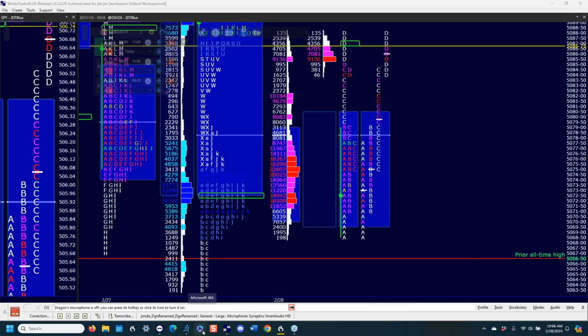That short-term balance low existed until 2 days ago. And what we said was, if there was going to be any balancing of the inventory, you would find acceptance below that balance area low, which we've had.